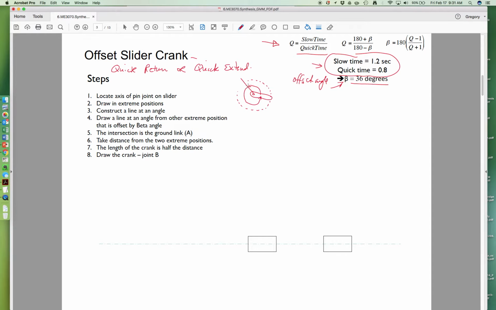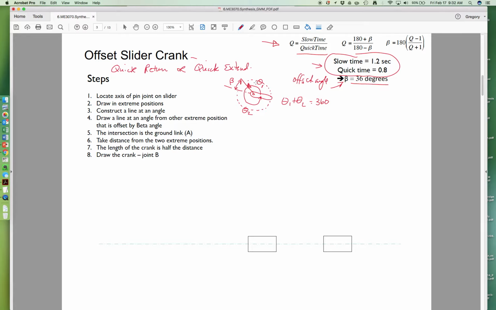A couple of things that you should make note of here is this theta 1 and theta 2. Theta 1 plus theta 2 has to equal 360 degrees. And if we draw a dotted line over here, basically what we're calculating is this beta angle. Okay, so 180 plus beta is going to be theta 2 essentially, and 180 minus beta is going to be theta 1. Okay, so that's essentially what we're calculating.